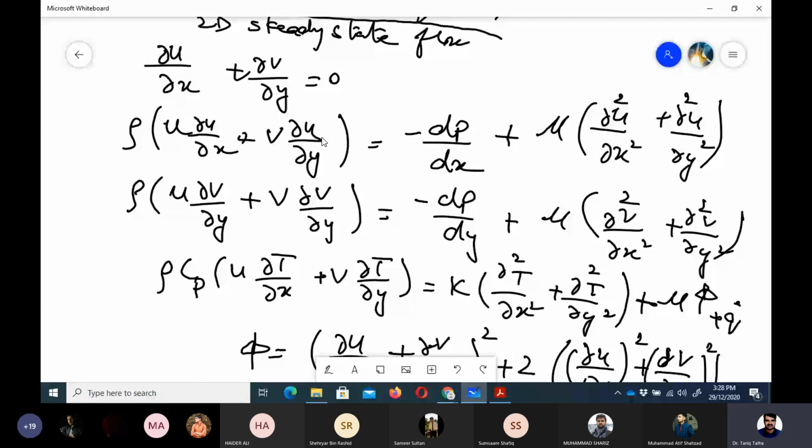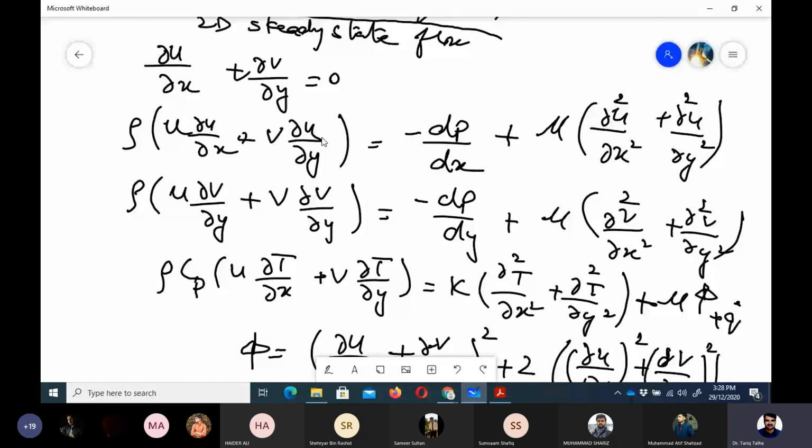If it is a 3D transient case, then we would have more equations and more variables, and there would be time as well. So all these equations are solved numerically on the back end of that Fluent software, right?